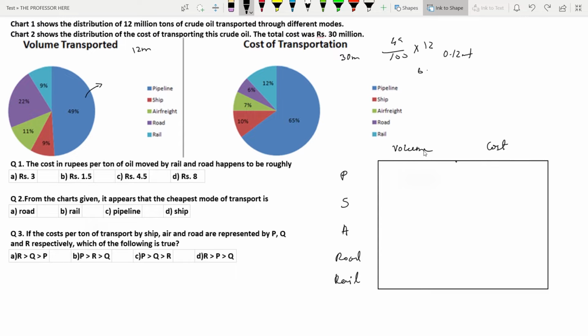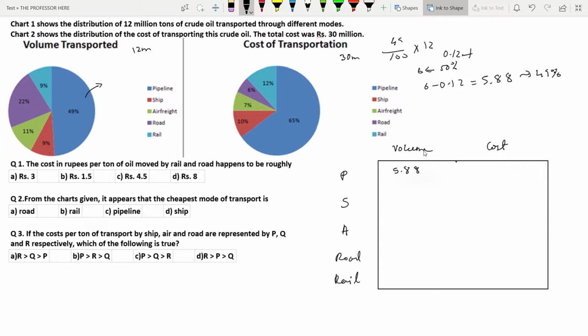So we have the value for 50% which is 6 and the value for 1%, so I will just subtract it from 6. So 6 minus 0.12 is equal to 5.88, which is 49%. You can find this value in the way that you prefer. So for pipeline, the volume is 5.88.